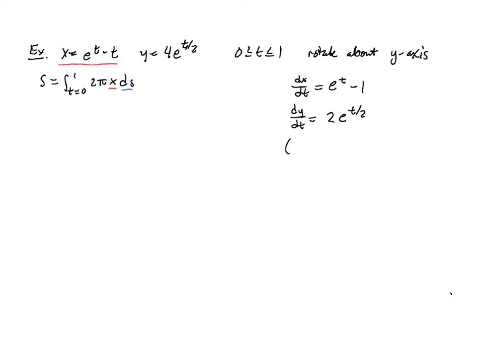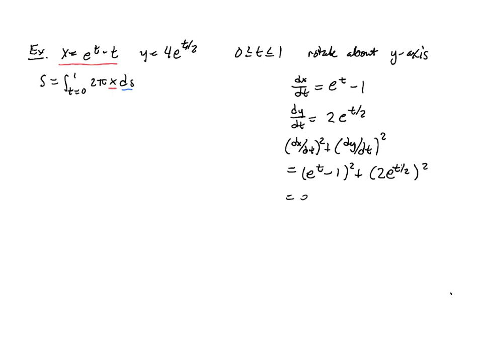So we'll look at dx/dt squared plus dy/dt squared, and that is (e to the t minus 1) squared plus (2e to the t over 2) squared.